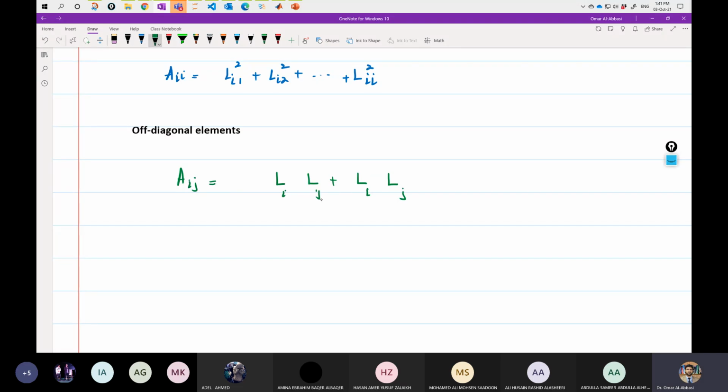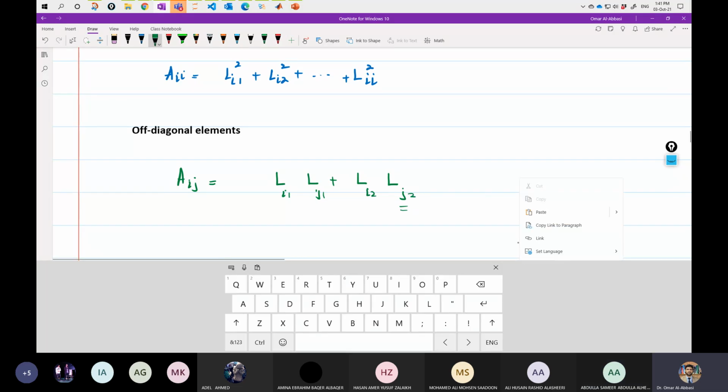This is for row, this is for column. What else? 1, 1, 2, 2, 3, 3 until you hit j and j, correct?